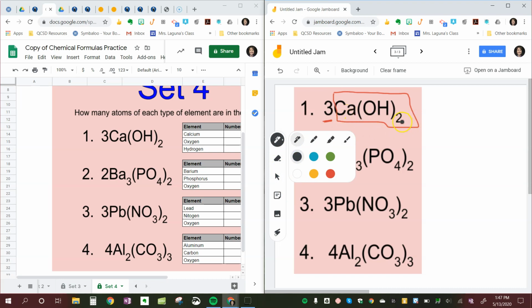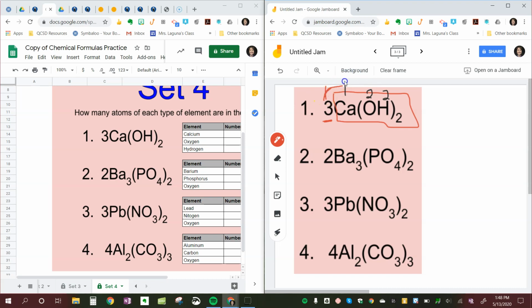So in our molecule, we're going to have the calcium, and the calcium's outside of the parentheses, so you can see there's one of those. Now this is inside the parentheses, so remember we have 2 times 1 or 2 oxygen, and 2 times 1 or 2 hydrogen. But now the 3 tells us that we have 3 of all of this. So the 3 is going to multiply like this.